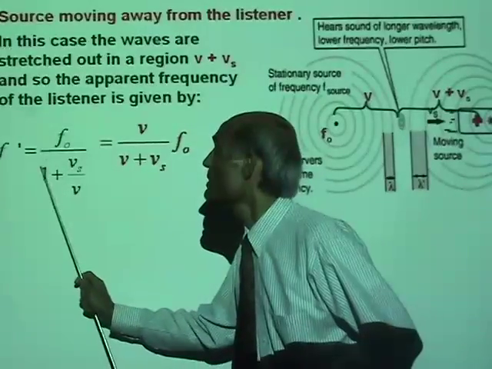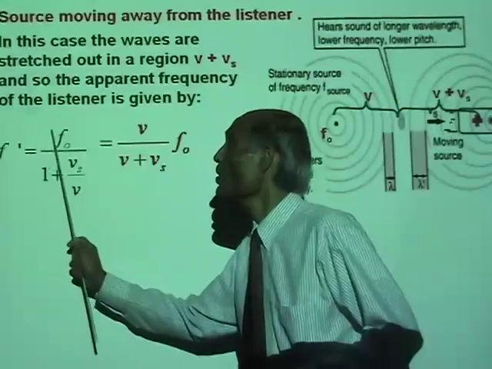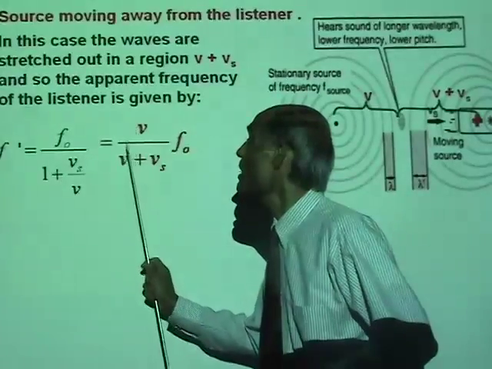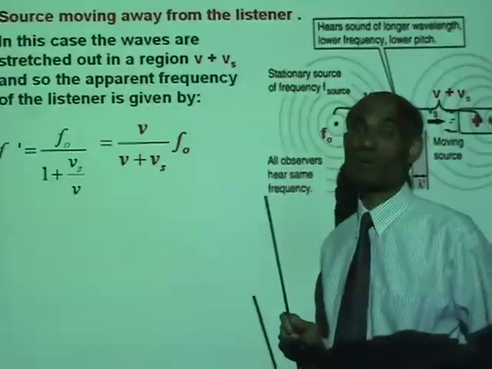This will become V plus Vs over V, and the V will go up. It will become V over V plus Vs times F0.